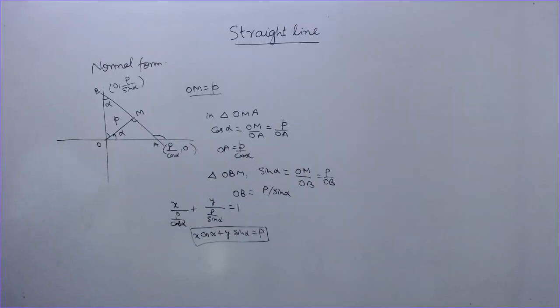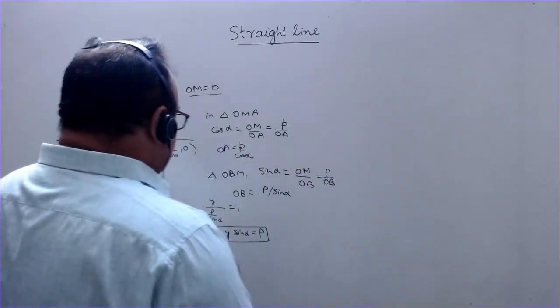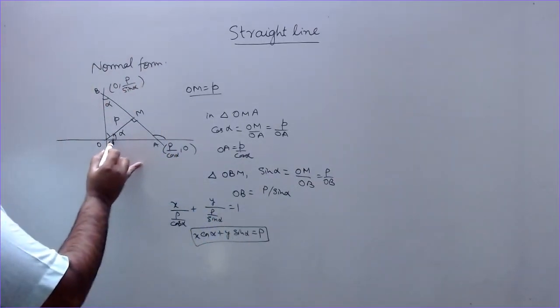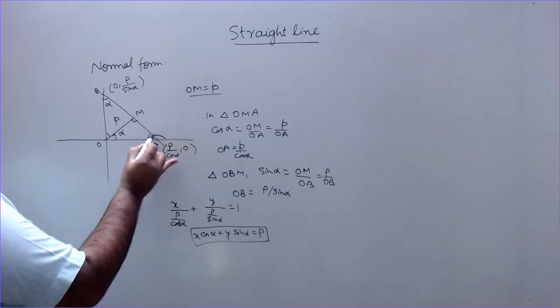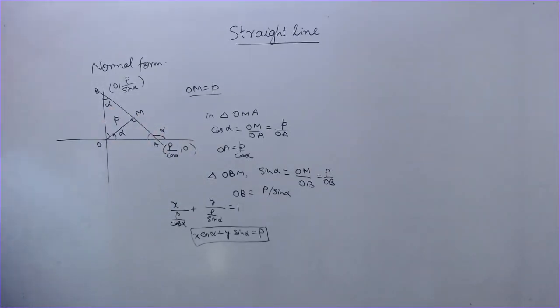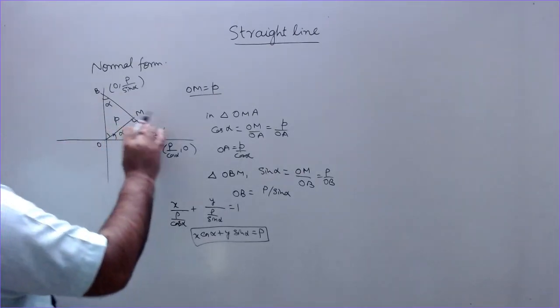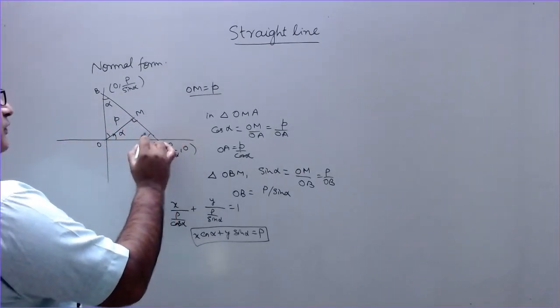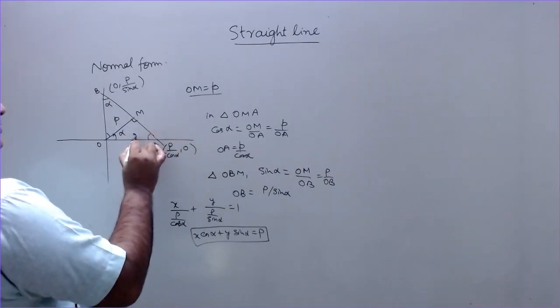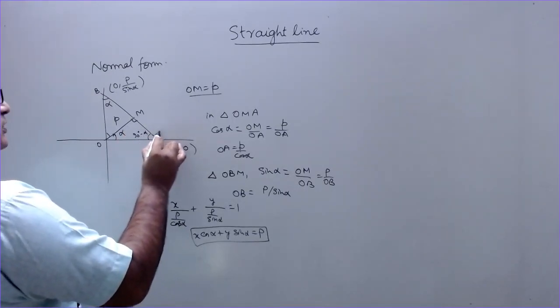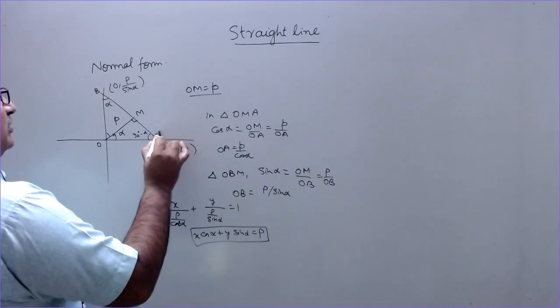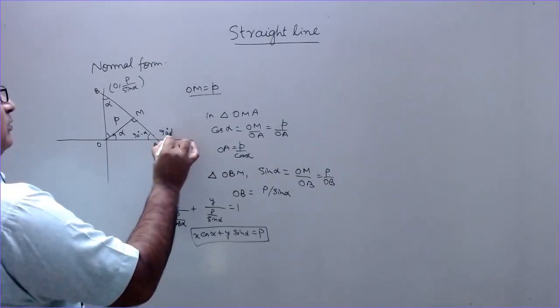Now you can convert this into another form also. So see here, this angle is alpha. This is 90, this is 90 minus alpha, means this angle is also alpha. So we can write this in slope form also. This is alpha, 90 minus alpha. Sorry, this whole angle is 180, so this is 90 plus alpha.